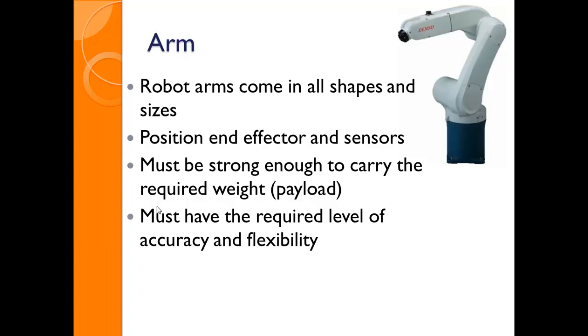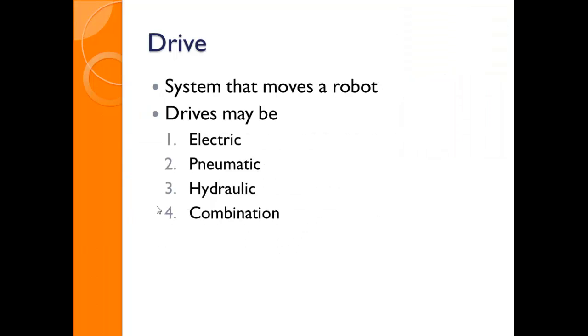So you may pay more for one that can carry a heavier payload. You may pay more for a robot that has more degrees of freedom, more accuracy, right? More flexibility. These things all cost.